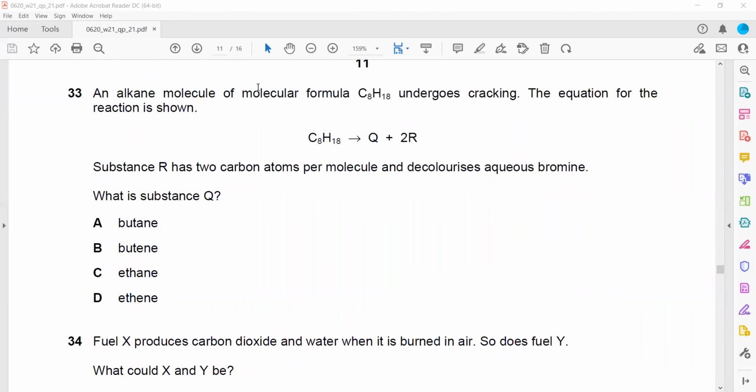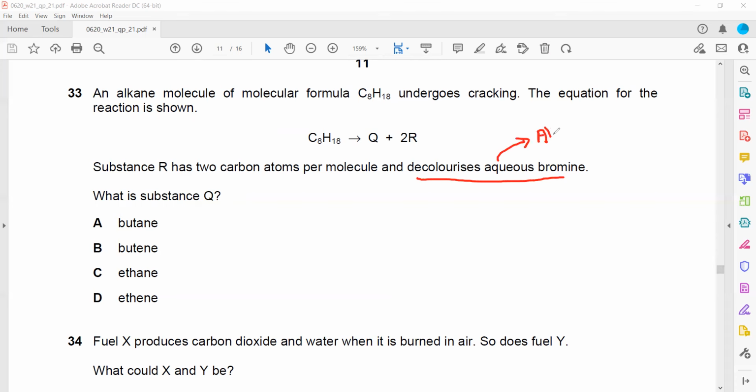Question 33. An alkane molecule which has a molecular formula of C8H18 undergoes cracking. The substance R has 2 carbon atoms per molecule and decolorizes bromine. Decolorizing bromine is a characteristic of alkenes.